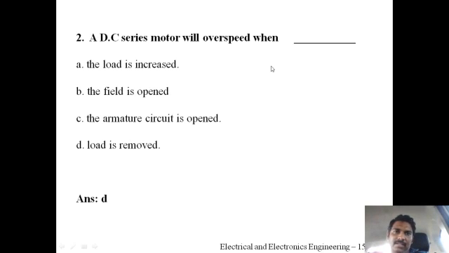Therefore, a DC series motor will overspeed when the load is removed. Whenever we start a DC series motor, we have to apply at least a light load. Some load should be there, and only then should we start the DC series motor.